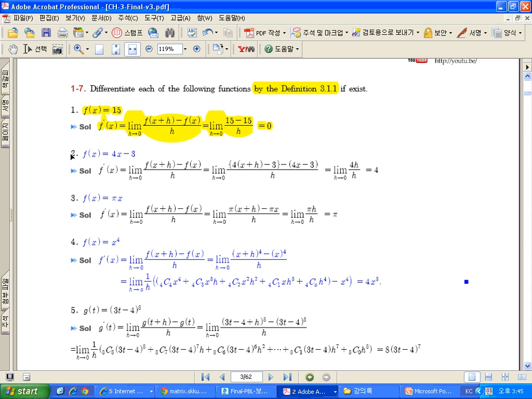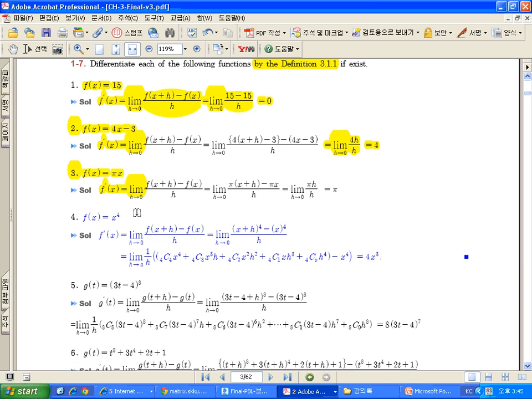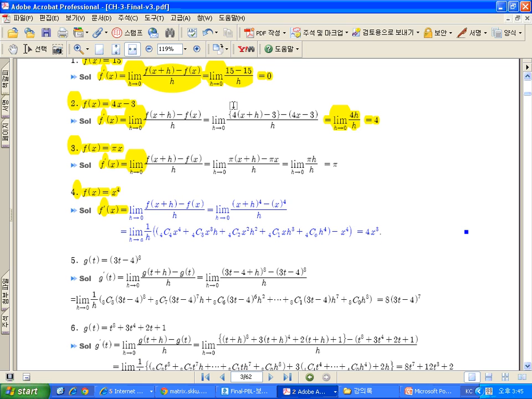If you have a linear function, the derivative is a constant number like this, and it's the same thing here. And if you have a function with an exponent, then you may need to use the Lagrange formulas to simplify the functions.